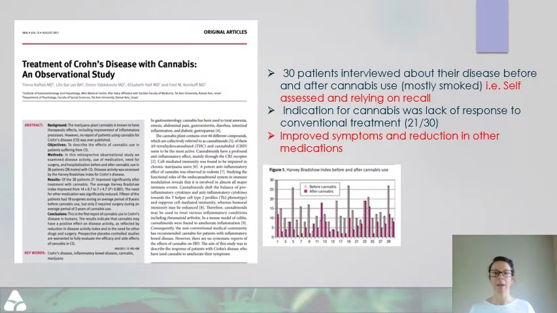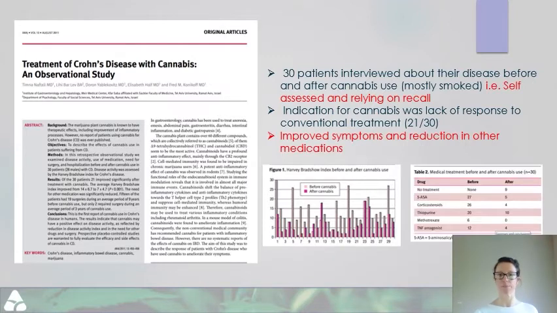And so each of the patients really self-reported that this Harvey-Bradshaw index was significantly higher before they started using cannabis, and is a lot lower now that they're using cannabis. And remember, the reason they turned to cannabis is because their current medications weren't working. So they were people who had quite severe symptoms.